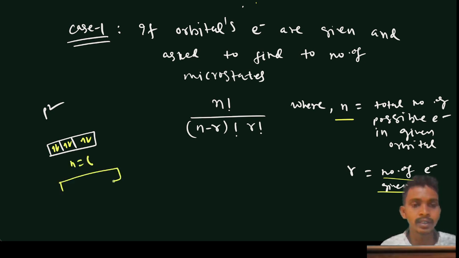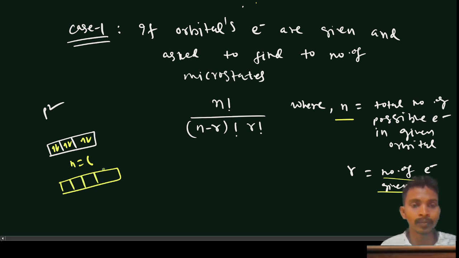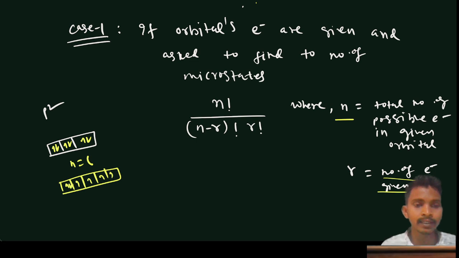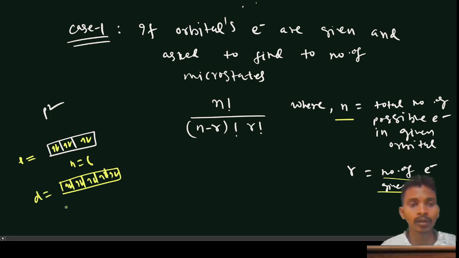Likewise for d orbitals, the total number of possible electrons is n equal to 10. And if I say f orbitals, there are 14, so n is equal to 14.